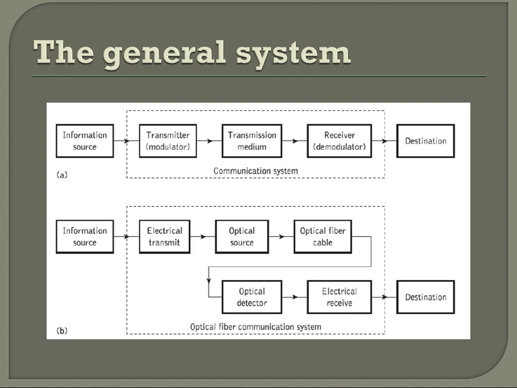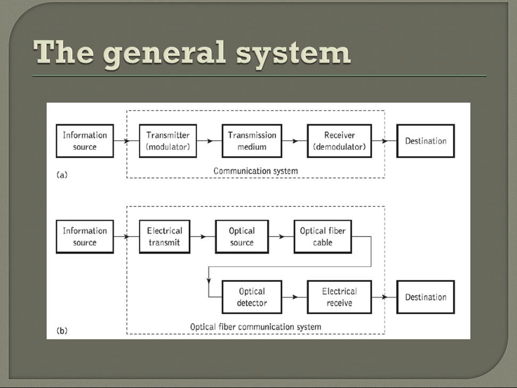The figure shows the generalized block diagram of a fiber optical communication system. An optical fiber communication system is very similar in basic concept to any type of communication system. The communication system consists of the transmitter or modulator linked to the information source, the transmission medium, and a receiver or demodulator at the destination point.